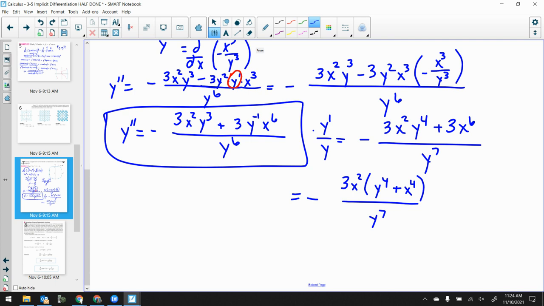Look at the very beginning. 16. So this actually ends up being negative, and then 3x squared times 16 over y to the 7th. So in other words, negative 16 times 3 is 48, I think. 48x squared over y to the 7th.